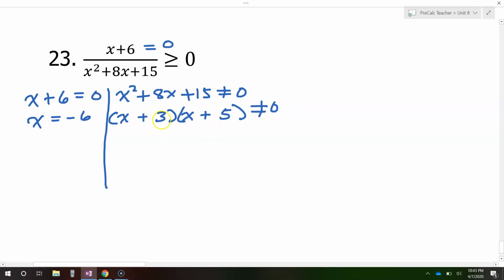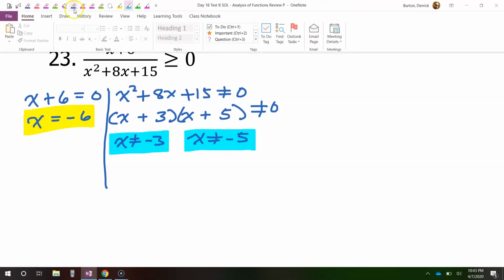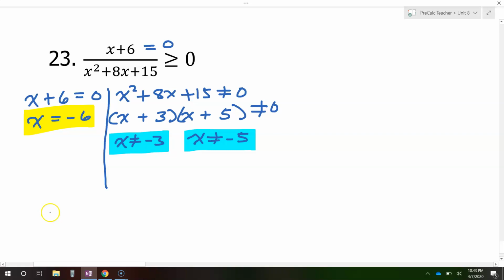By the zero product property, I set each of these equal to 0, and I see that x cannot equal -3 because of this one, and x cannot equal -5 because of this one. So we now have 3 critical values: x equals this, and x cannot equal this or this. All right, 3 critical values. So here comes the number line.